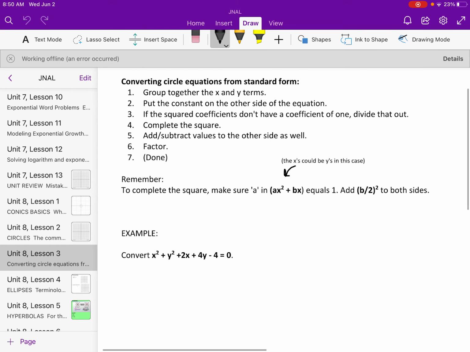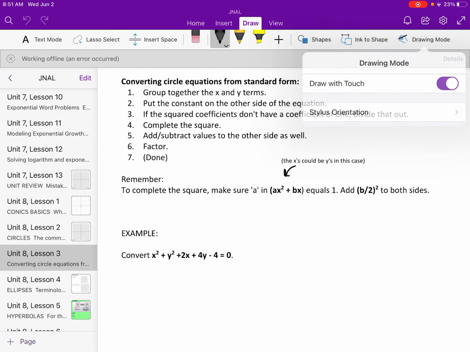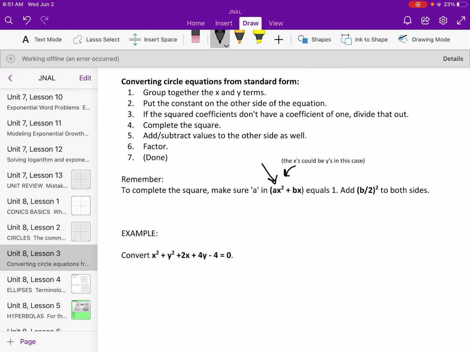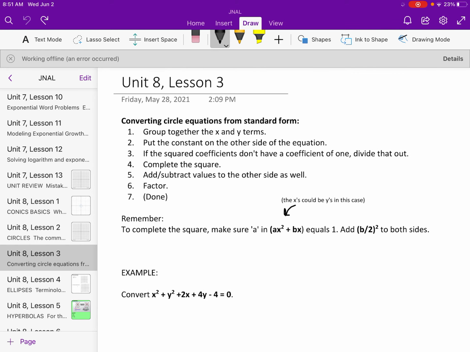So in this case, we need to group together the x and y terms. Basically, just put them beside each other in parentheses. And if there's a constant, the thing that has no x or y on it, make that on the other side of the equation. And then if the squared coefficient doesn't have a coefficient of 1, like down here, this a, if that wasn't 1, you would need to make that 1 by dividing by whatever that coefficient is, and then putting it out to the side.